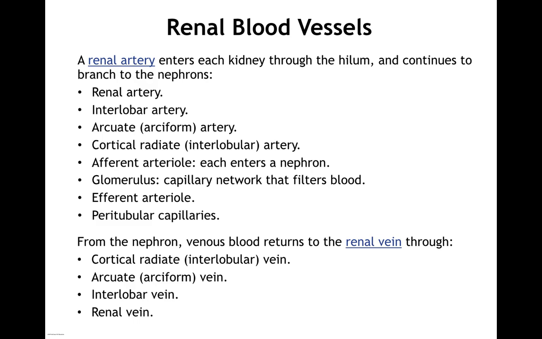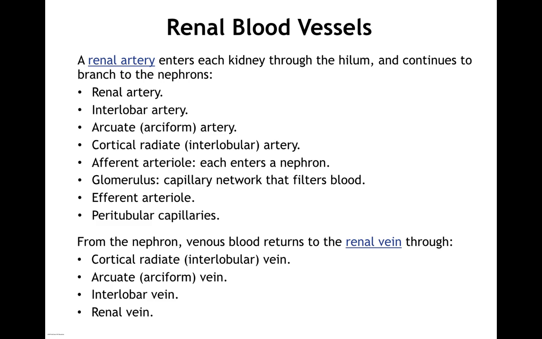So the renal artery enters each kidney through the hilum and continues to branch to the nephrons. We follow it through. We have a renal artery, interlobar artery, arcuate or arciform artery, cortical radiate or interlobular artery. Afferent arteriole goes into each nephron. The glomerulus is the capillary network that filters the blood within the nephron.